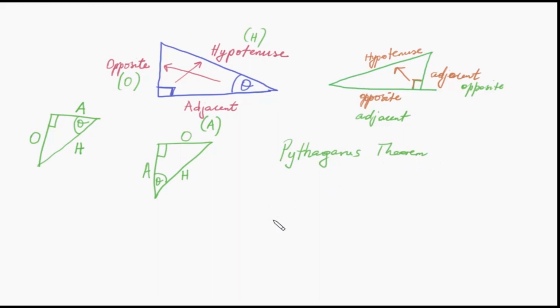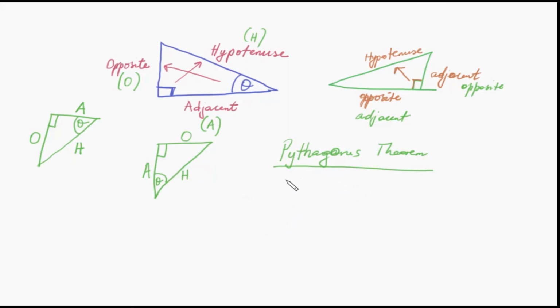Now, what does this Pythagoras theorem say? It is very simple. It is going to relate the three sides of a right angle triangle.